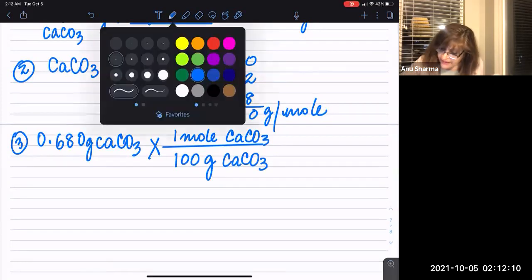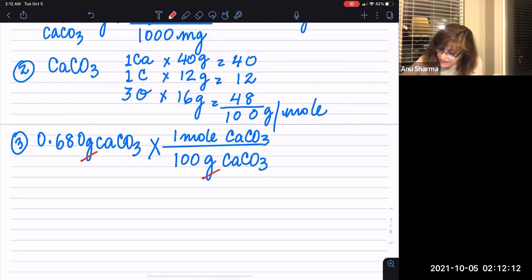When you set this up, grams and grams of calcium carbonate cancel out.